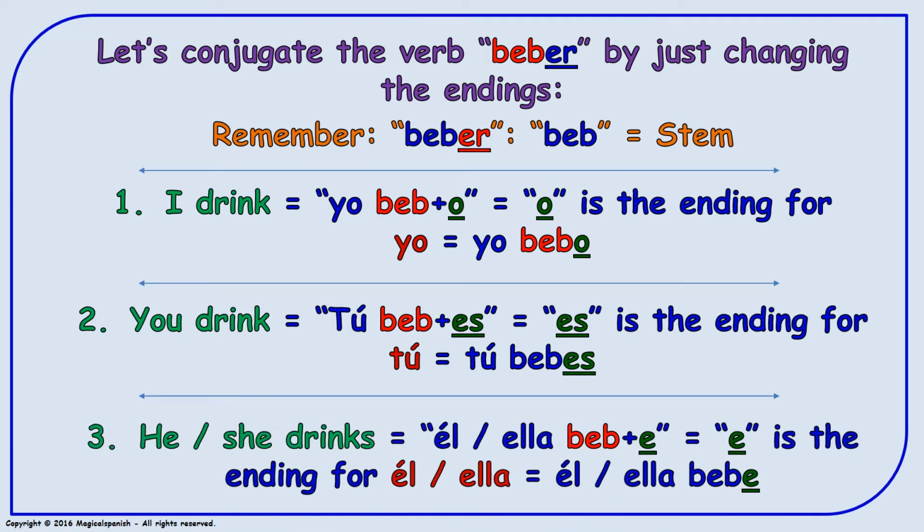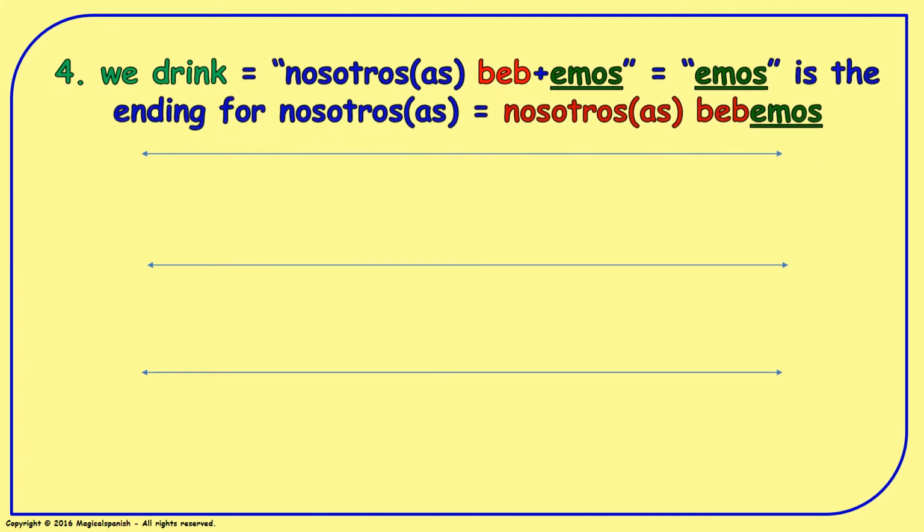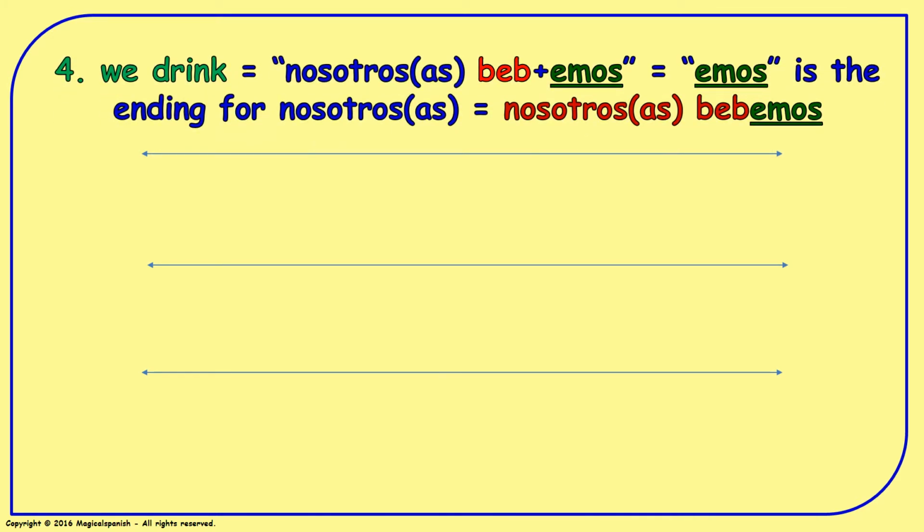3. He or she drinks. Él o ella bebe. E is the ending for él or ella. Él or ella bebe. 4. We drink. Nosotros o nosotras bebemos.